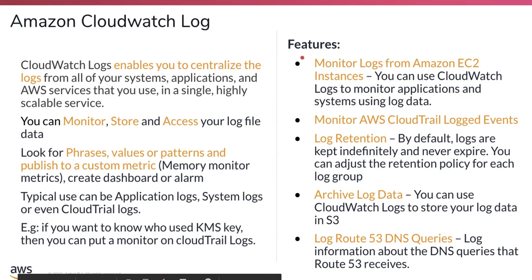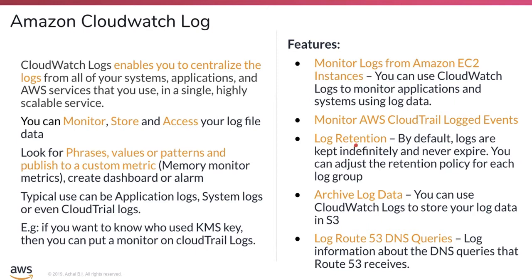The main features of CloudWatch Logs are that they monitor logs for EC2 instances, Lambda as well, or any custom application logs. It also monitors CloudTrail log events as they happen, which is also a typical use case.